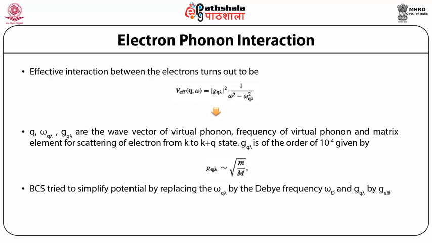So the BCS theory tried to simplify the potential by replacing omega_qλ by the Debye frequency omega_D and g_qλ by some constant, that is g effective.